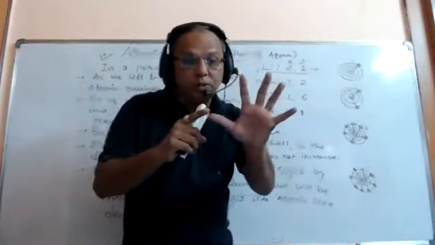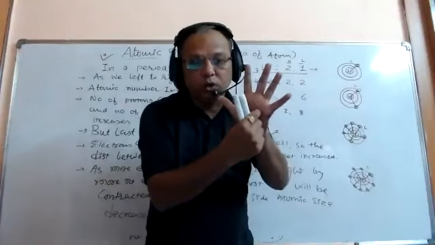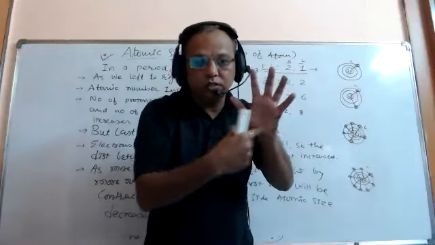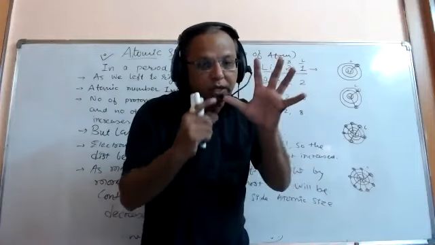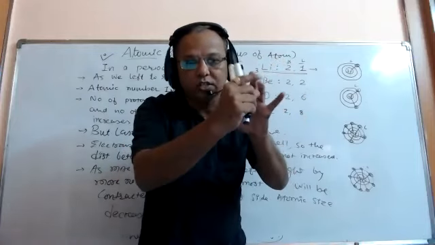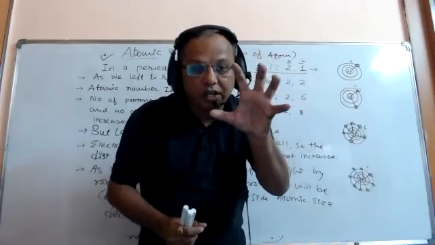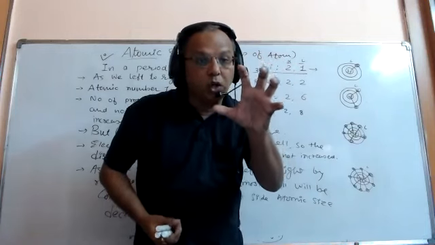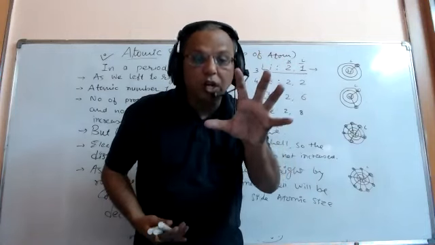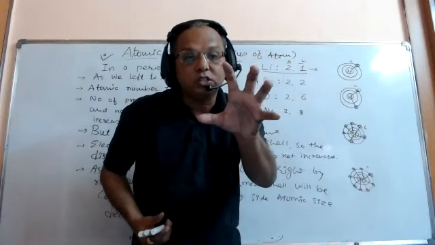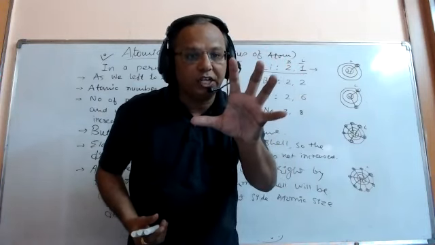Friends, the distance between the nucleus and the electron cell is the same, but as the total number of electrons increases, friends, they are attracted towards the nucleus, and that's why the more electrons are attracted, this cell will be contracted like this.